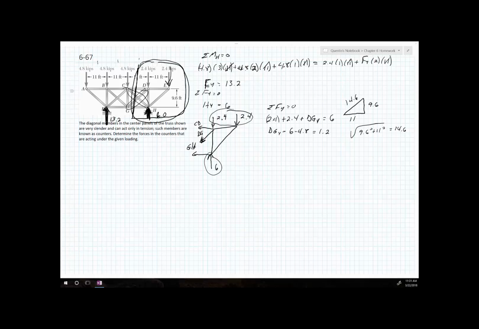I'm going to replace DG with DG times the y portion of it, which is 9.6 over 14.6, is equal to 1.2. Therefore DG is equal to 1.2 times 14.6 over 9.6, which is equal to 1.825 kips.